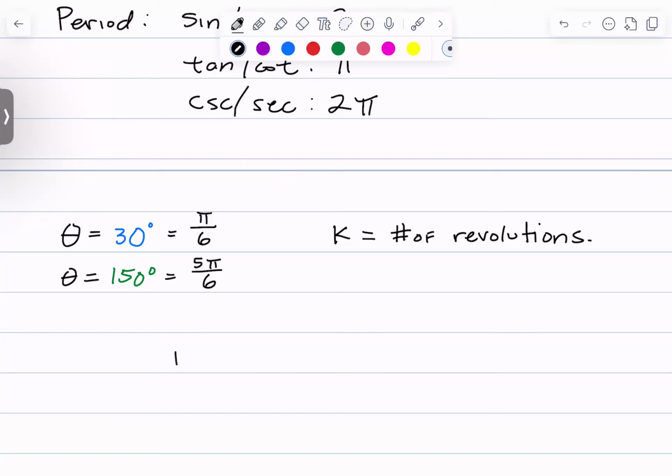To find all solutions, theta is going to equal pi over 6 plus 2 pi, because that's my period, k. That makes sense?